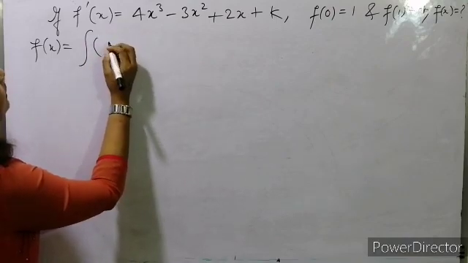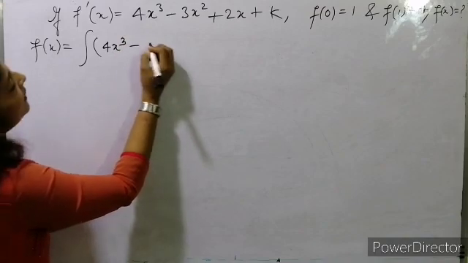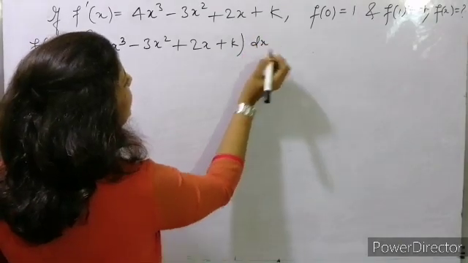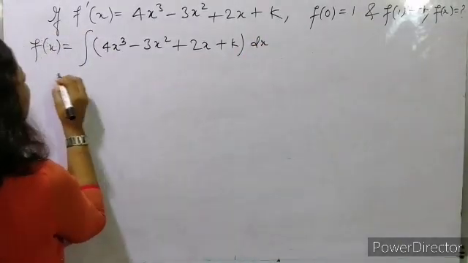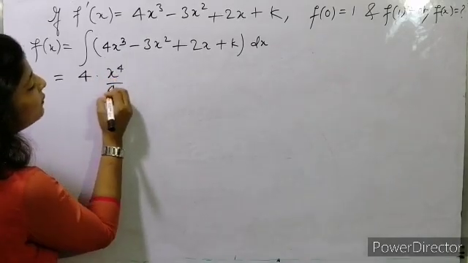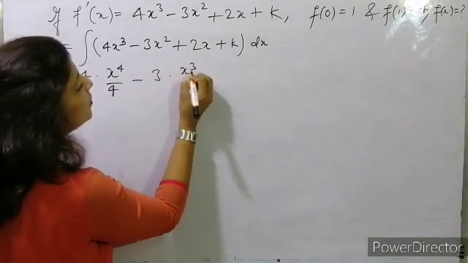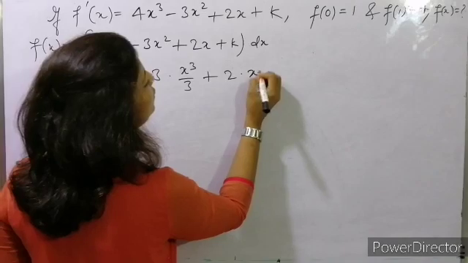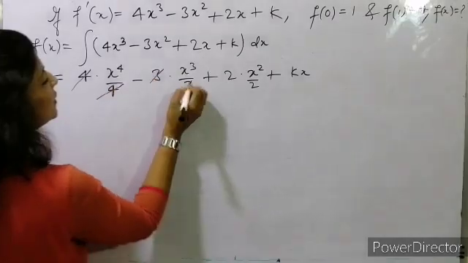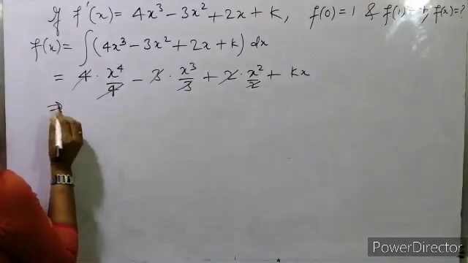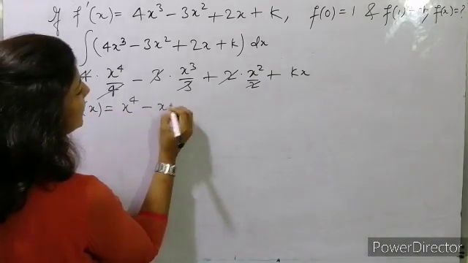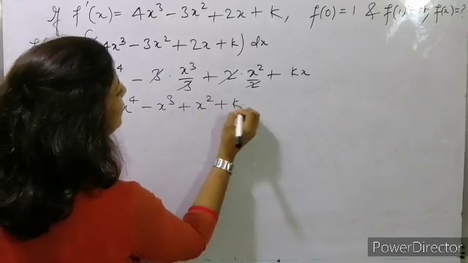So the integral of 4x cube minus 3x square plus 2x plus k dx: we get 4 into x to the power 4 divided by 4, minus 3 into x cube upon 3, plus 2 into x square upon 2, plus kx. Here 4 cancels, 3 cancels, 2 cancels. So fx will be equal to x to the power 4 minus x cube plus x square plus kx.